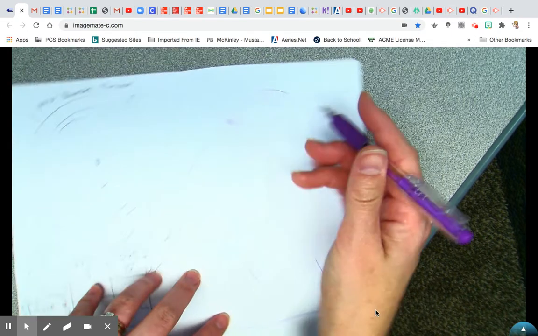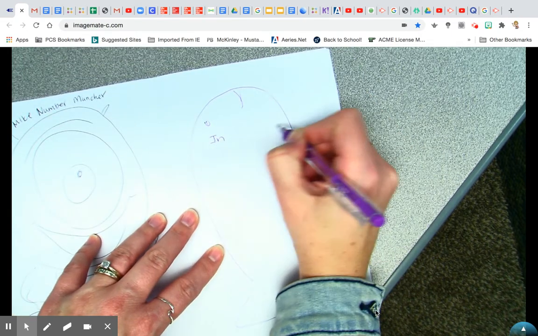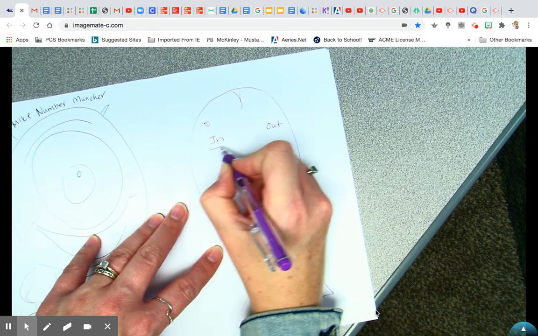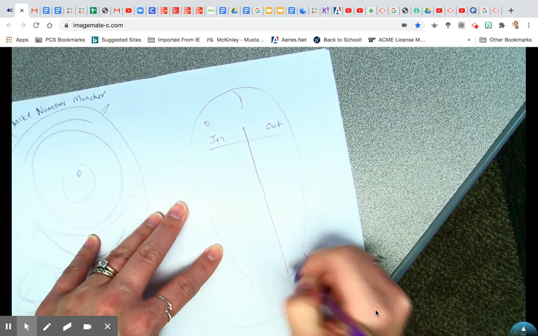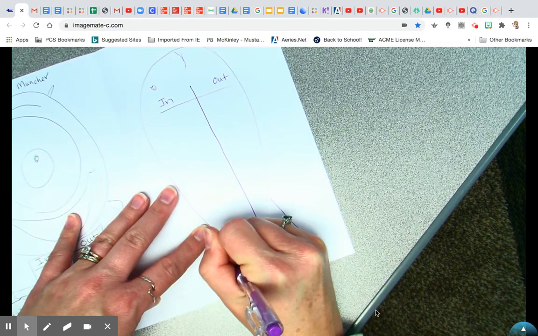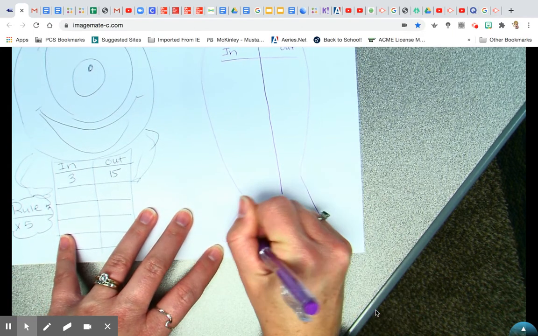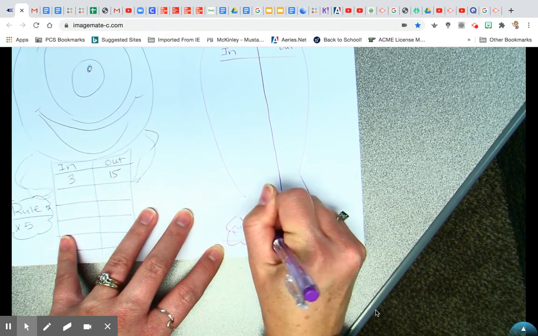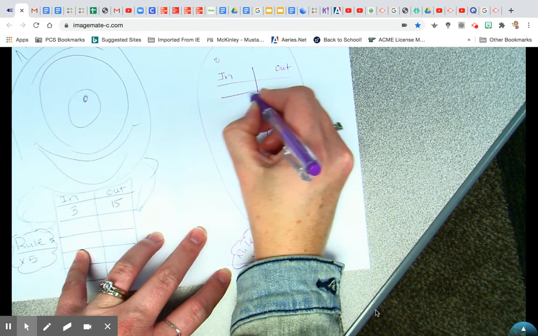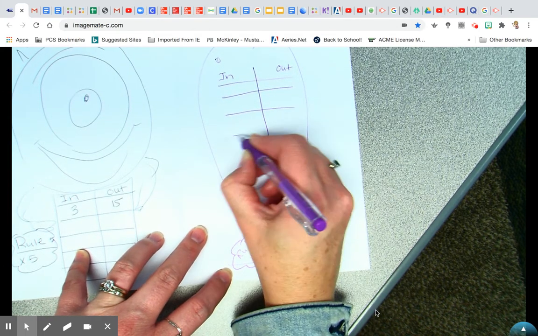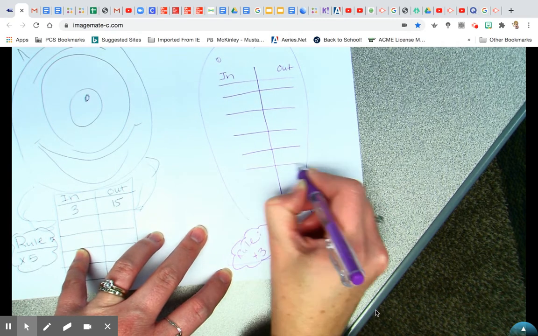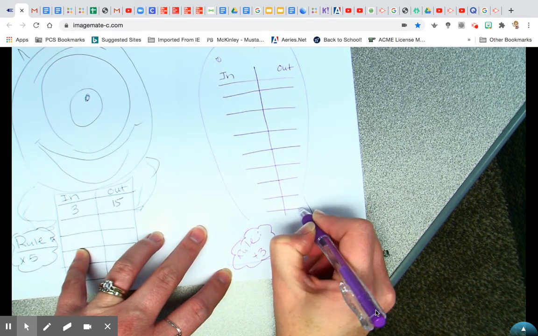And I'm actually going to do my input and my output this way. And I'll put the rule in the tail. My rule is down here, and I'll have it be plus 3. There. Looks like fish bones, actually.